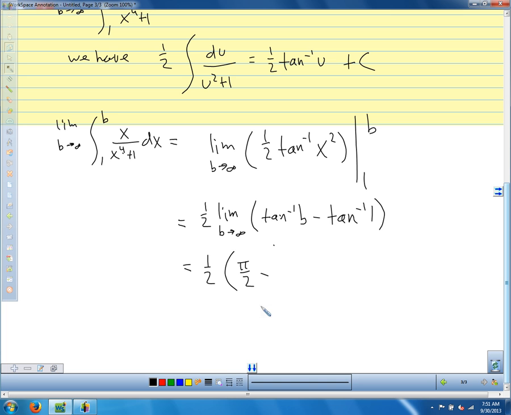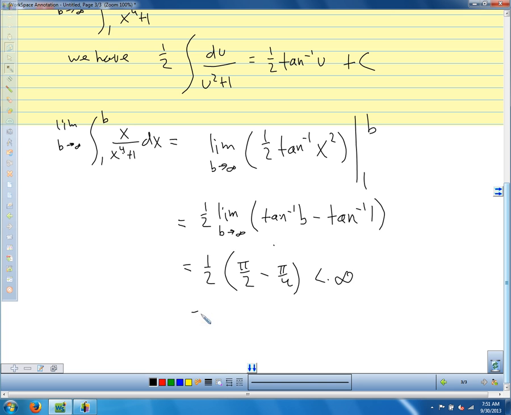What angle gives me a tangent of 1? Sine and cosine are the same? Pi over 4, there we go. So is this less than infinity? That's less than infinity, so the series converges.